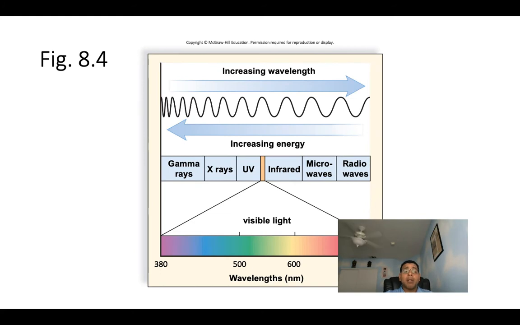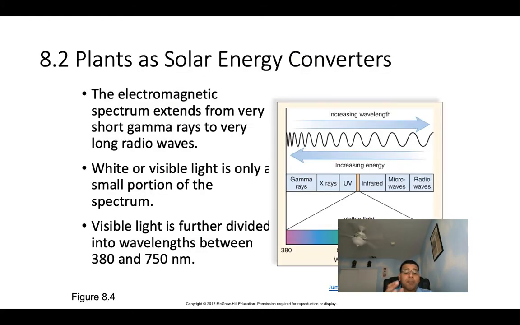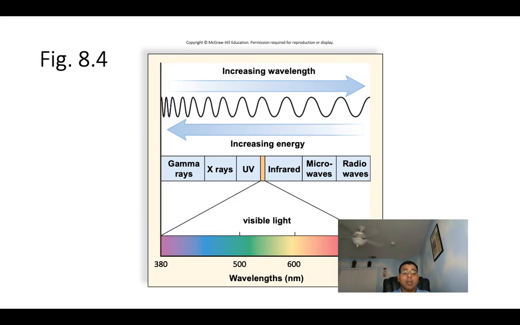Visible light itself contains various wavelengths of light. When visible light is passed through a prism, it's going to be dispersed. We're going to see all the different colors that make up visible light. The sensory areas of our brains then identify these wavelengths as distinct colors.